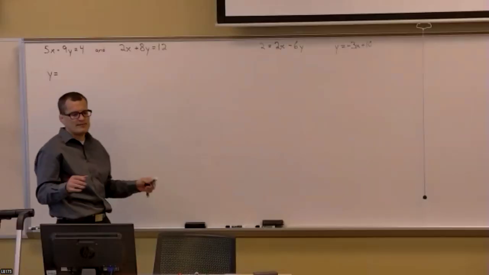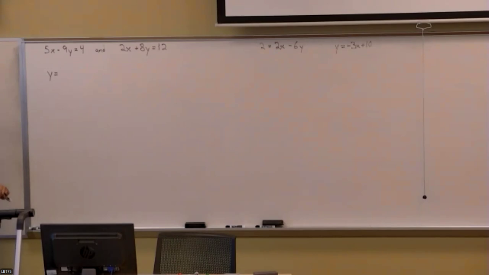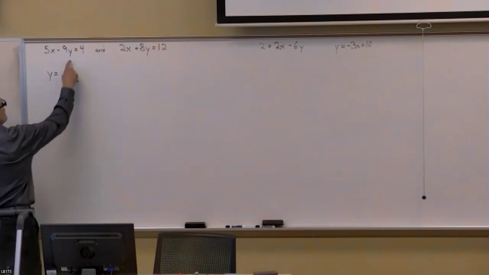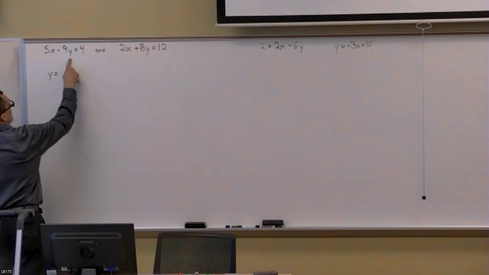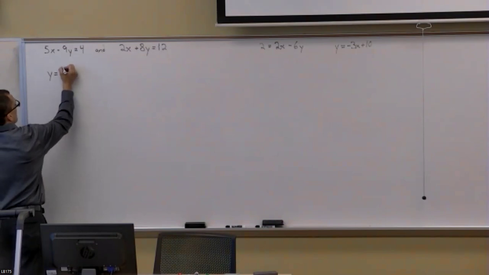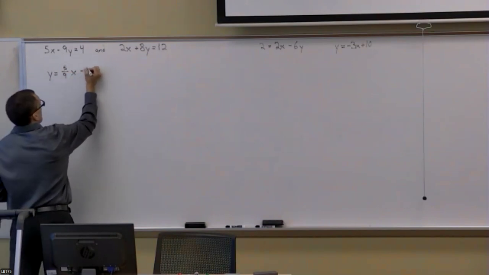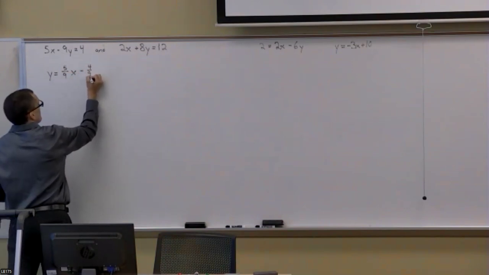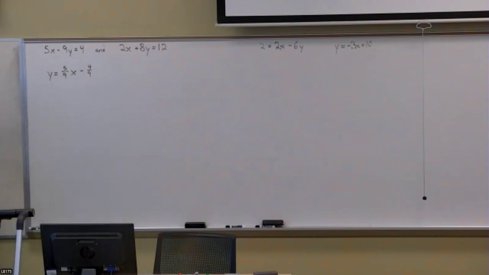Like I said, if you want to do the entire process, you can. I'm just going to jump right into the value. If I solve this for y, I would have to subtract 5x and then divide by negative 9. I would end up getting 5 ninths times x minus 4 ninths.